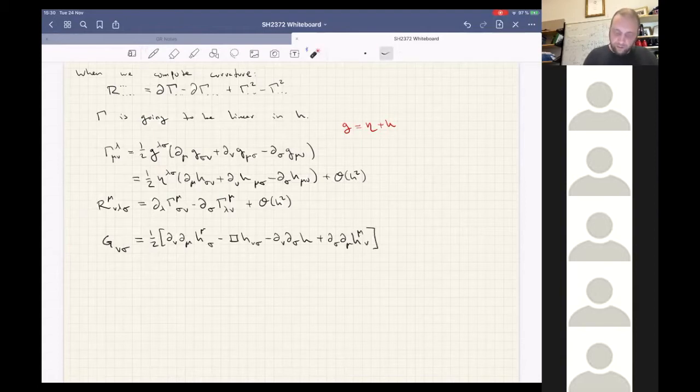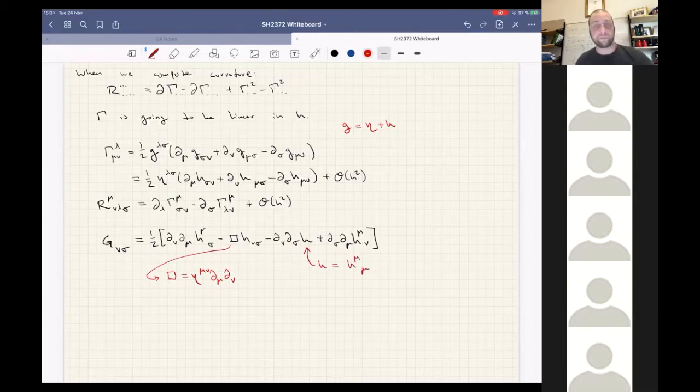So here we have two things that we've not seen before. We have this D'Alembertian and we have the scalar h. This D'Alembertian is just eta mu nu d mu d nu, so it's essentially the regular wave operator in Minkowski space. Whereas this scalar h is just the trace of the perturbation.